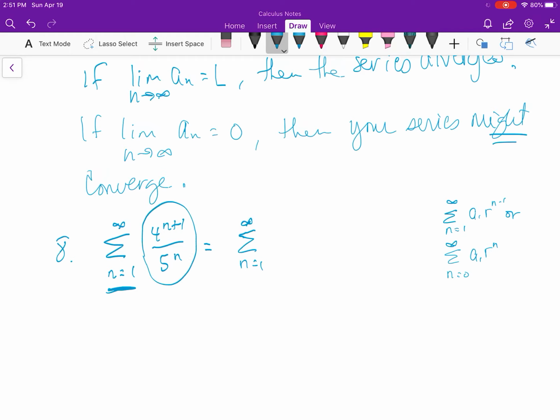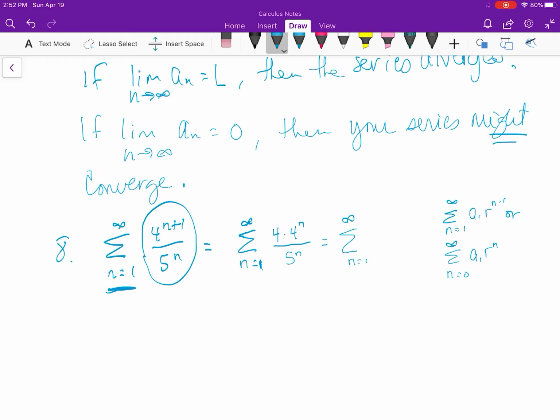So it's either going to be r to the n minus 1 or r to the n. It's not going to be r to the n plus 1, right? And we can't change n equals 1 here.